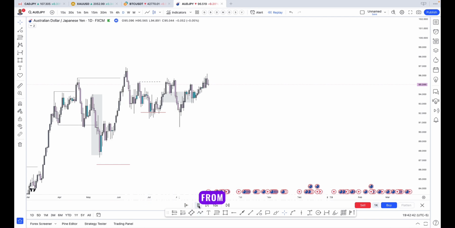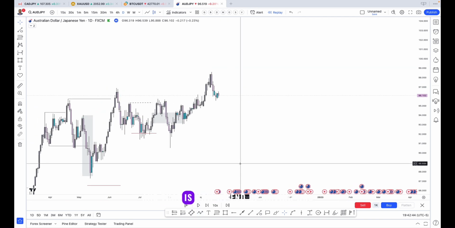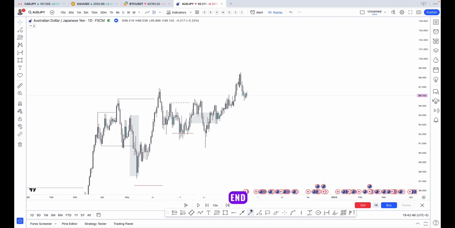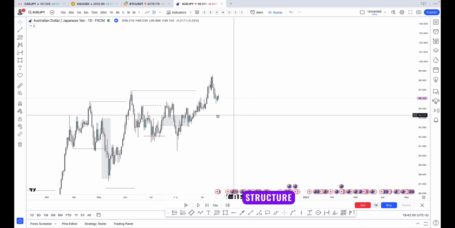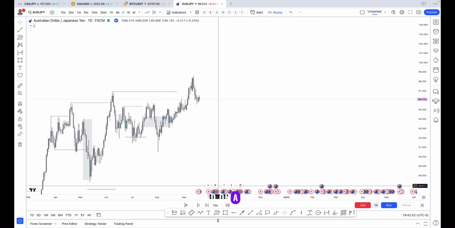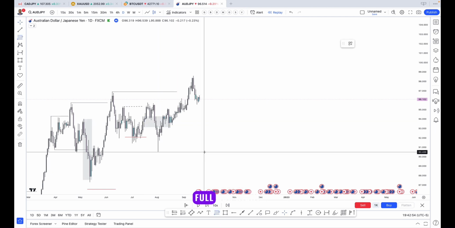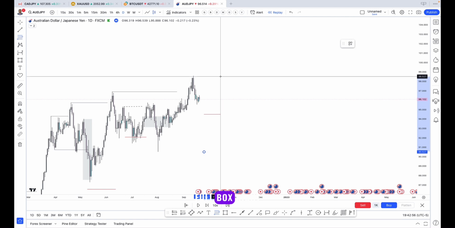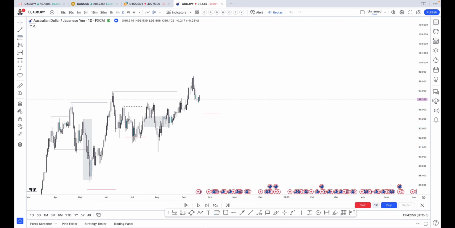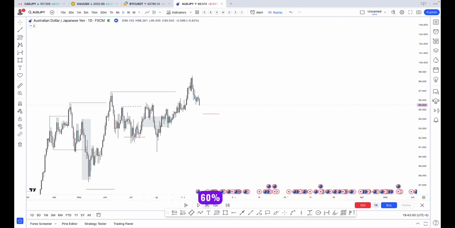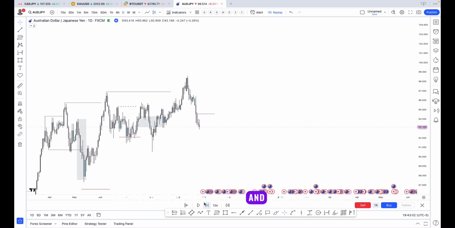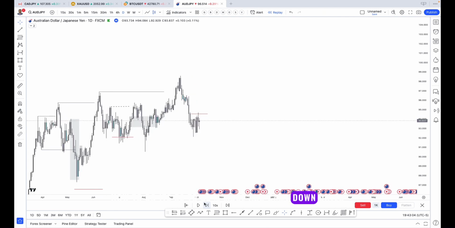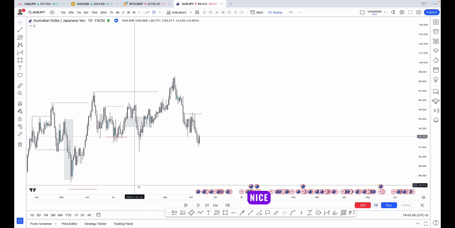So we can buy from that place to the upside, and that is how we end up having another break of structure and another pullback, right? That has to do with 50 to 60% moves, and we came down, liquidated. I need to sell. Nice.